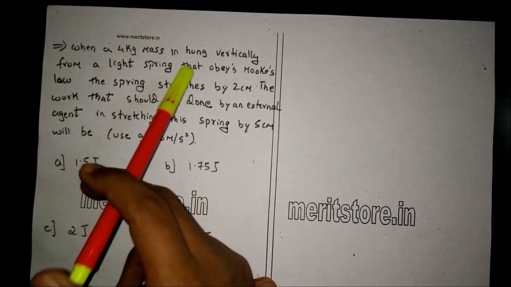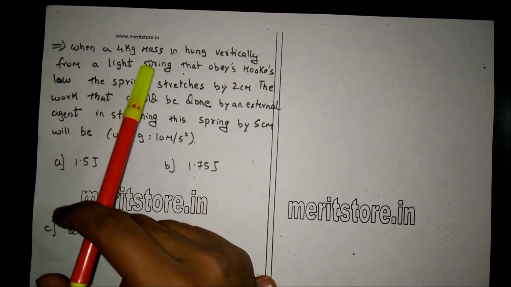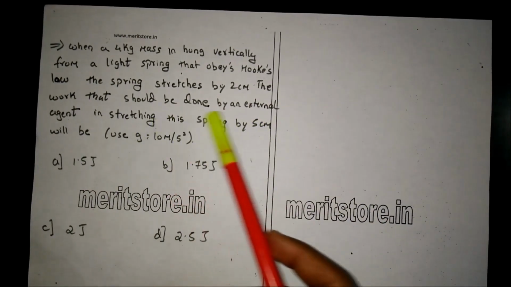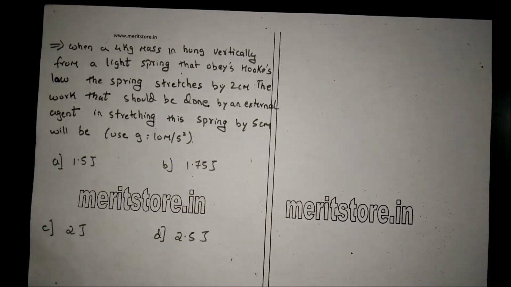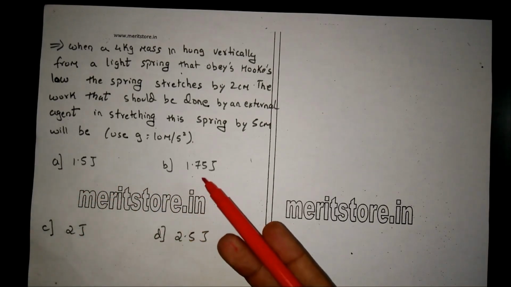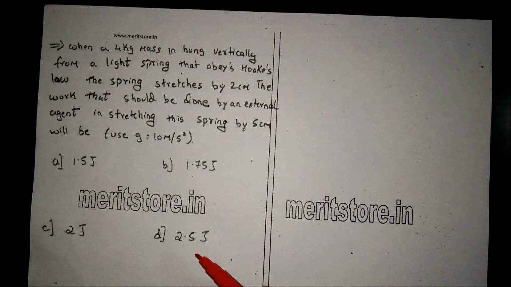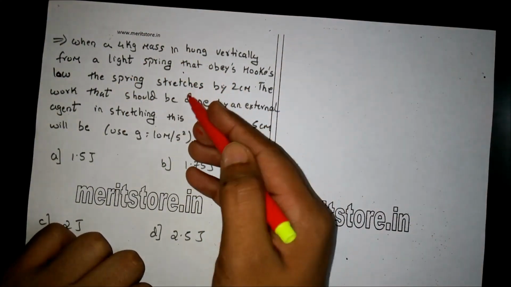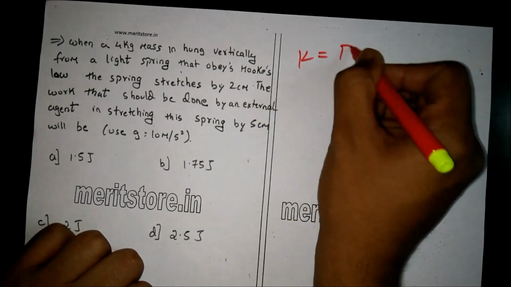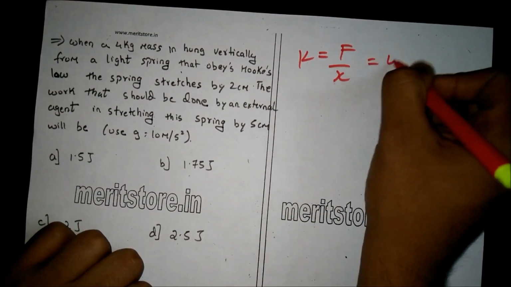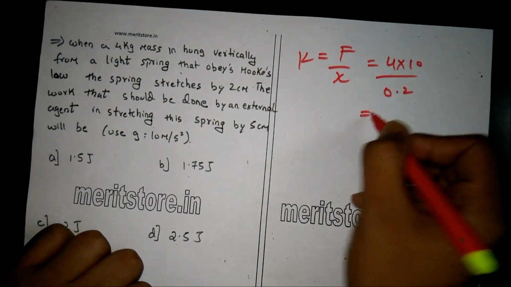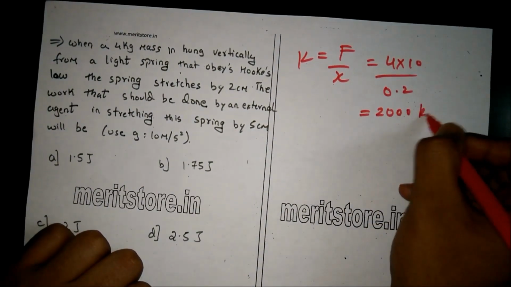When a 4 kg mass is hung vertically from a light spring that obeys Hooke's law, the spring stretches by 2 cm. The work that should be done by an external agent in stretching this spring by 5 cm will be A 1.5 joules, B 1.75 joules, C 2 joules, and D 2.5 joules. Now here we know the force and the length with which it stretches. Therefore, K is equal to F upon X equal to 4 into 10 upon 0.02, which is equal to 2000 newton per meter.